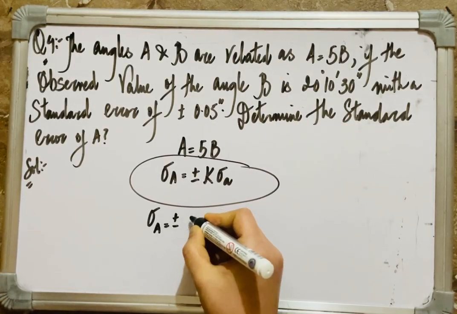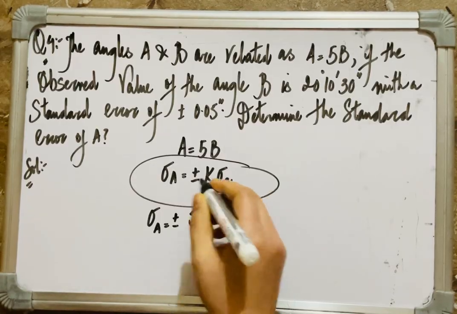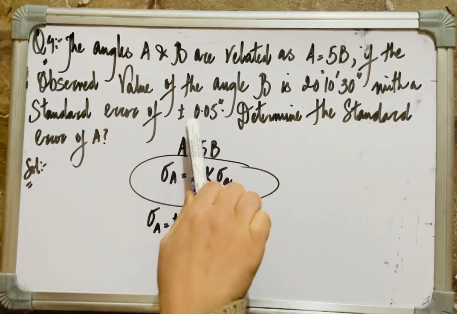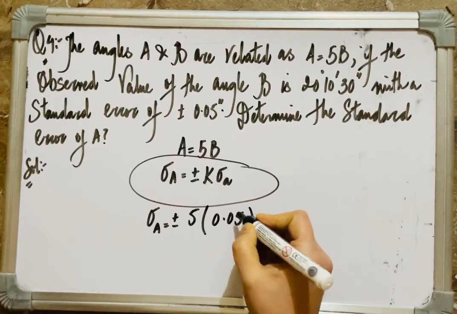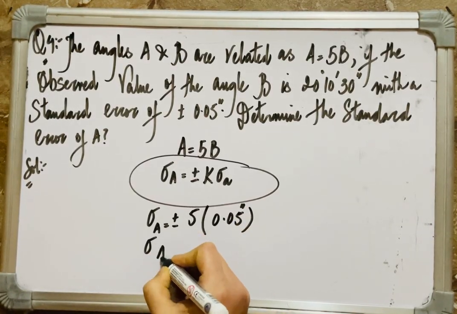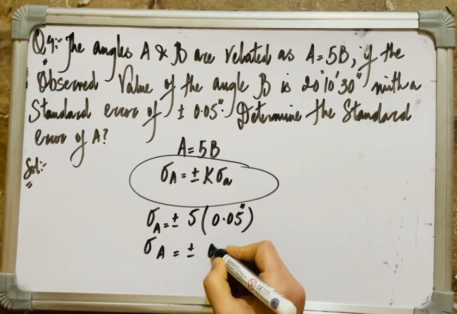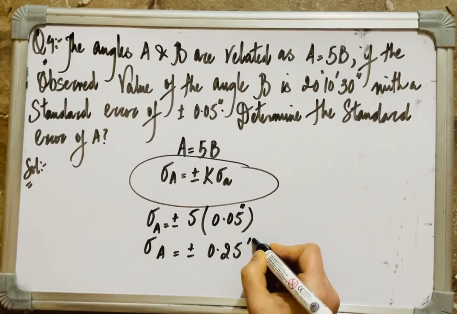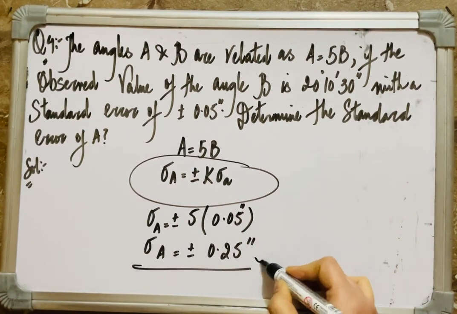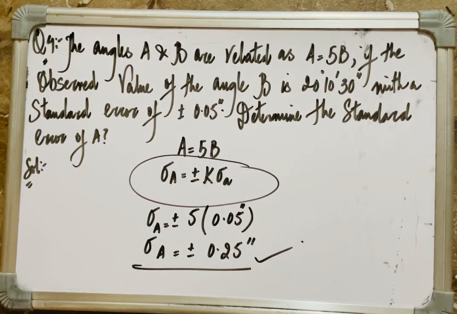So it is plus minus 5 times the standard error in the quantity, that is given by 0.05 seconds. By calculations, it is equal to plus minus 0.25 seconds.